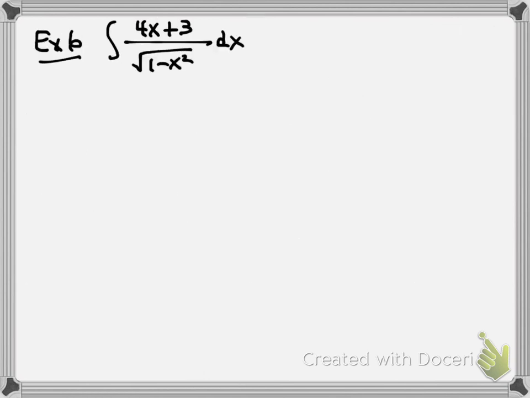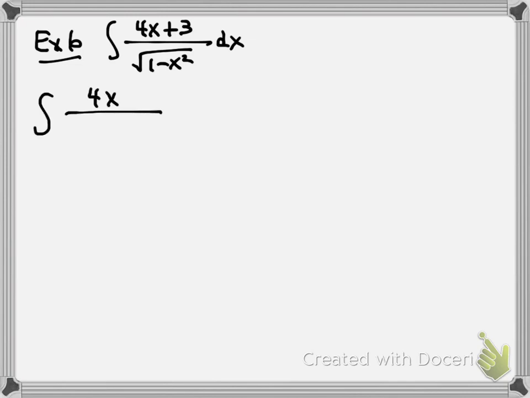Example 6. Alright, example 6 does have a squared in the bottom, which is great. However, we have 2 terms in the numerator, and that poses a problem, because if you let this be a u, or even the whole thing be a u, your derivative would be a 2x, and we wouldn't know what to do with this plus 3. So what we're going to do is separate that into 2 separate integrals.